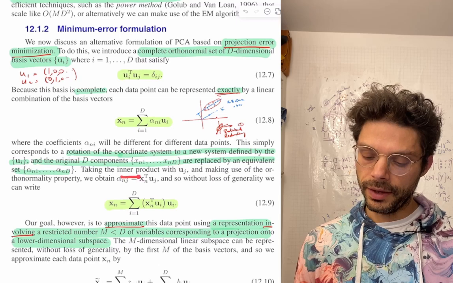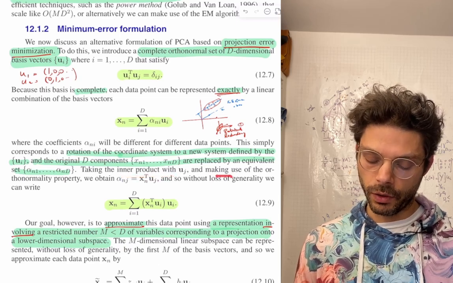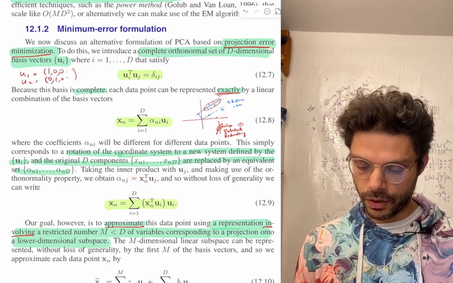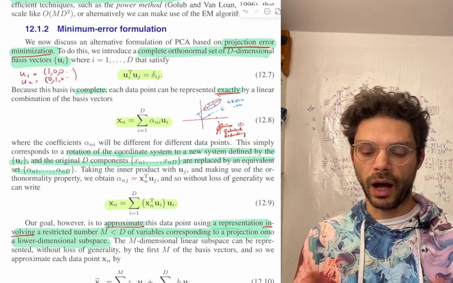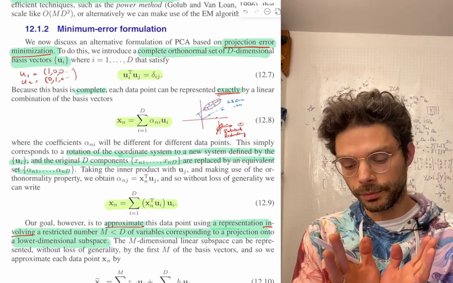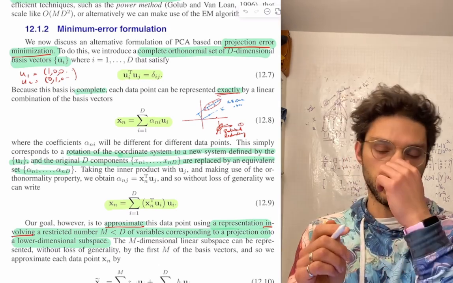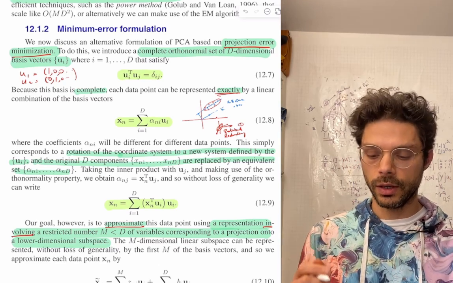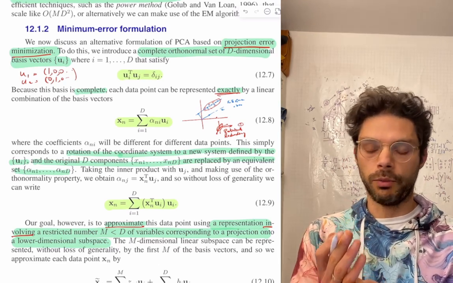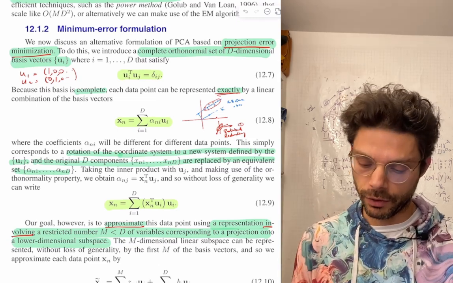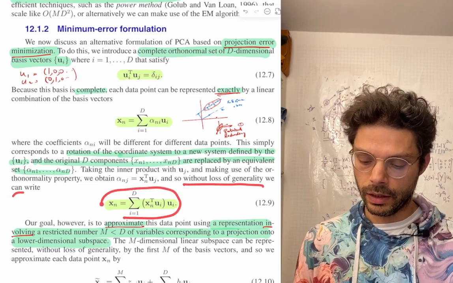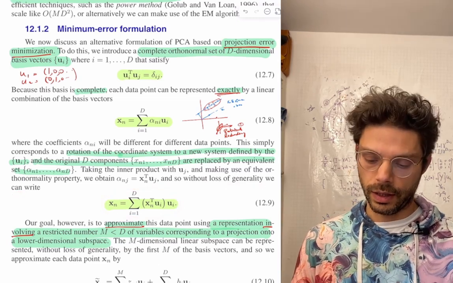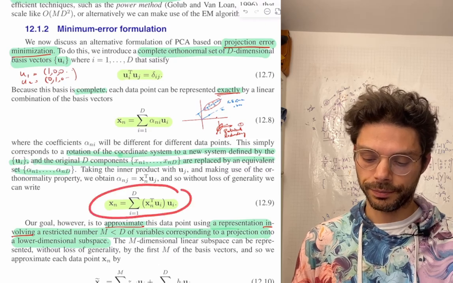Now taking the inner product with u_j and making use of the orthonormality property, we obtain... you want to know what these coefficients are? Well, because your coordinate system is orthonormal, you can take each of the directions in isolation and project each data point onto each direction, and that gives you the coefficients. So without loss of generality, we can write this. You can write things this way, right?